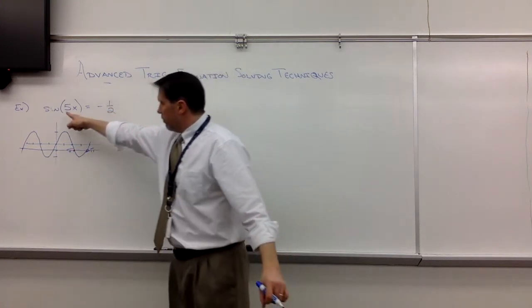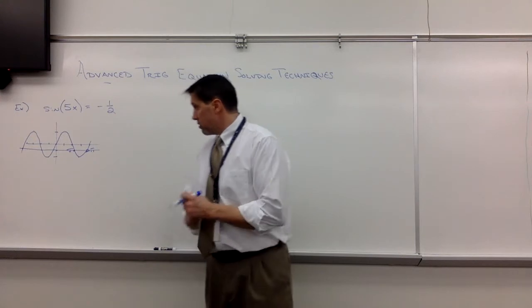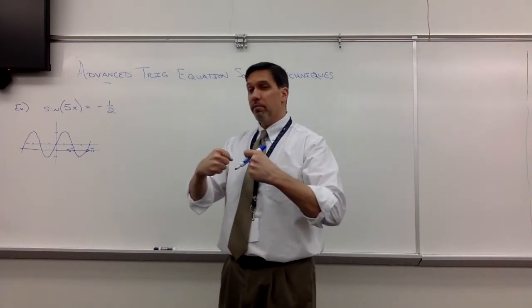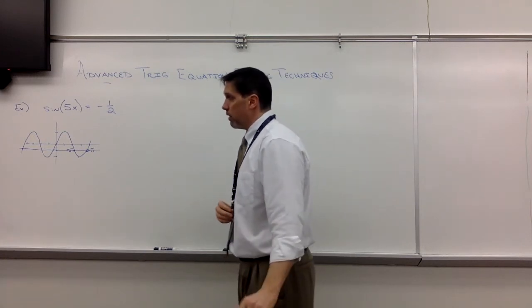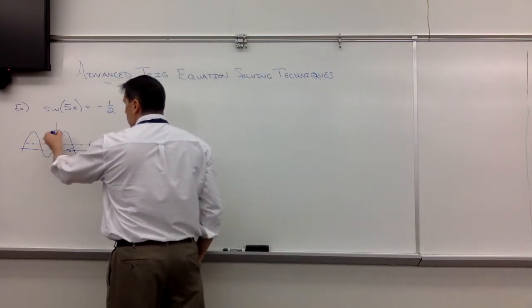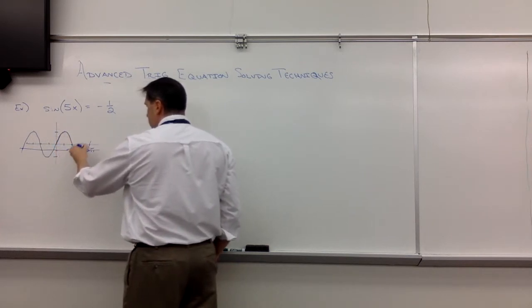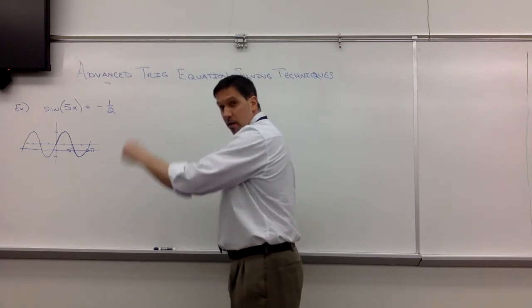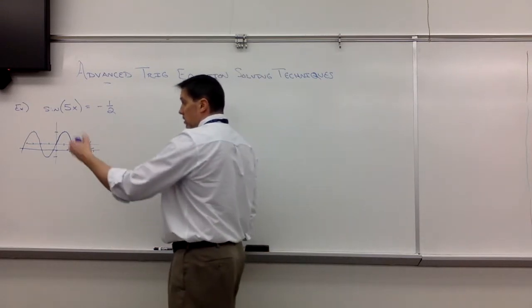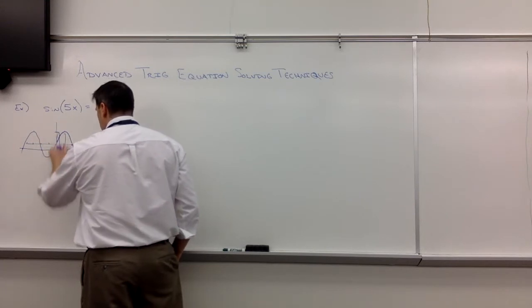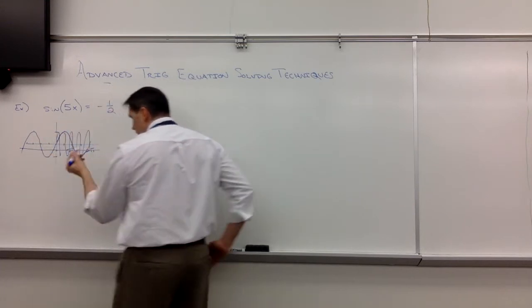Well, if you think of what sine of 5x is going to do, that's going to horizontally compress your graph by a factor of 1/5. So instead of 1 period from 0 to 2 pi, you're going to have this thing going through 5 of these graphs. I'm kind of exaggerating here, 2, 3, 4, yeah, whatever.